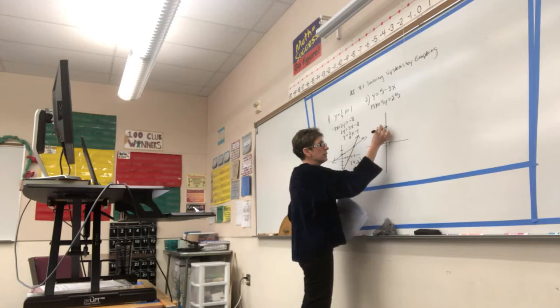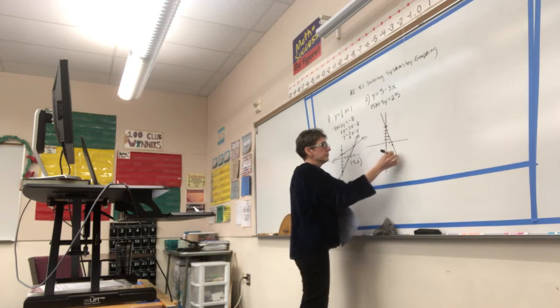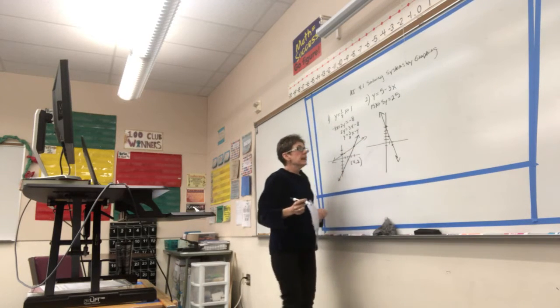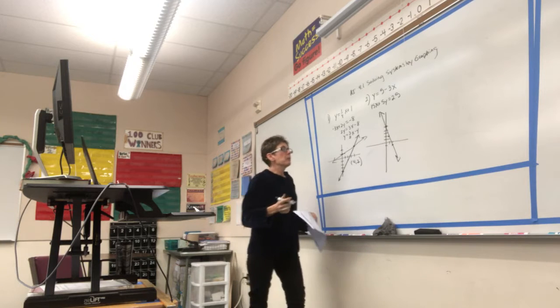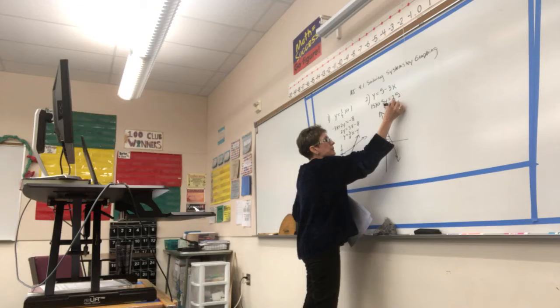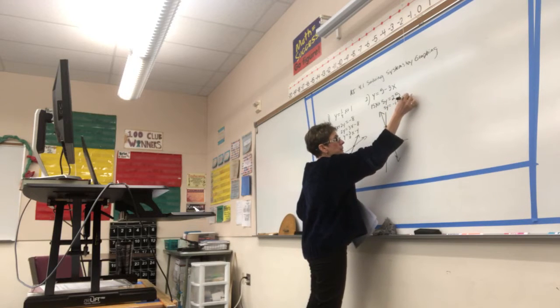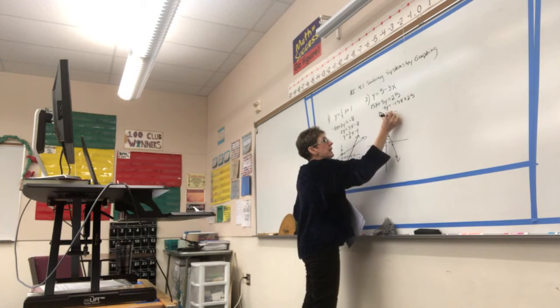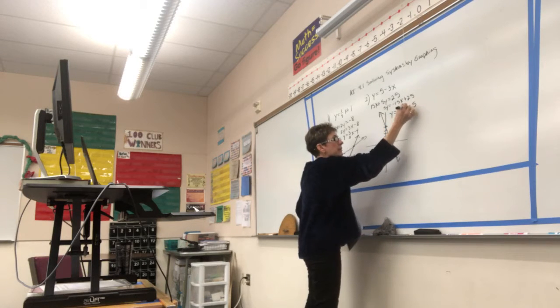So we're going to go down 3/1 and then down 3/1 again. Now, in order to graph the second line, we want to subtract 15x. So we're going to have 5y equals negative 15x plus 25. And then when we divide by 5, we get y equals negative 3x plus 5.